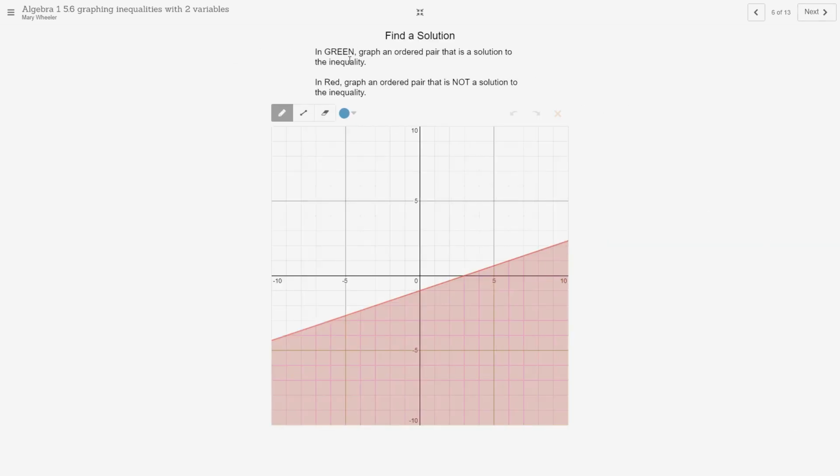So here in green, graph an ordered pair that is a solution. This is solid, so this one actually could be on the line, or it could be anywhere in the shaded region. And red, that is not. So anything outside of the shaded region is not.